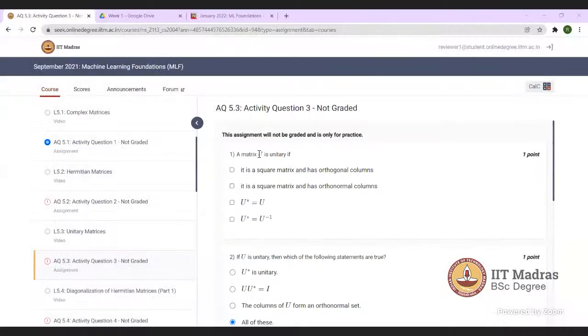Okay, as we discussed, the matrix is unitary if it is a square matrix and has orthonormal columns, and U star equals U inverse. Why do you think the first option is wrong and the second option is correct? First of all, is the first option also correct?